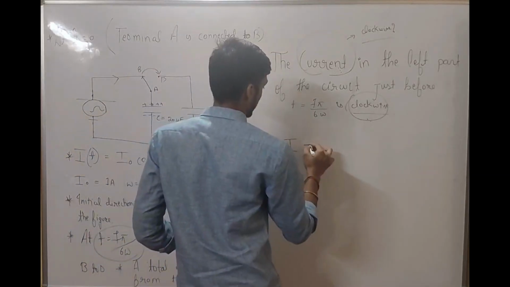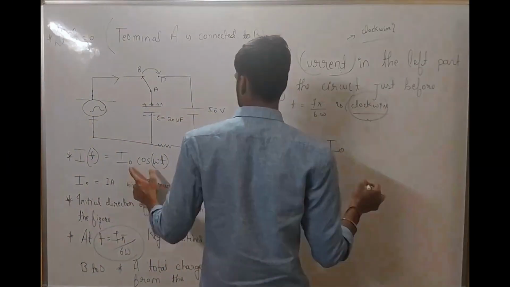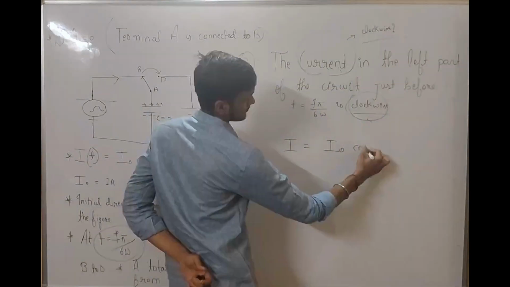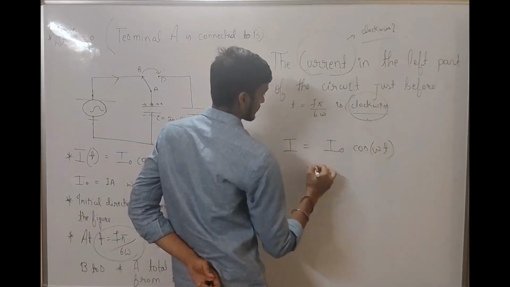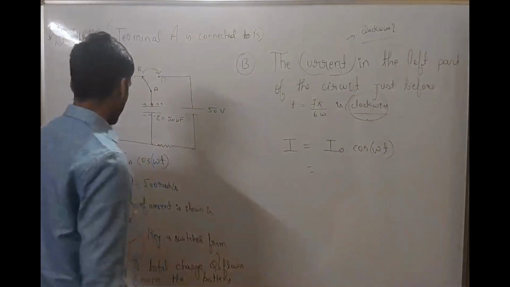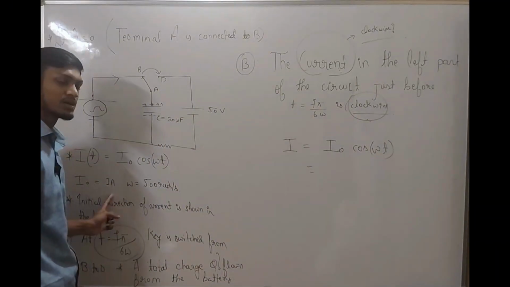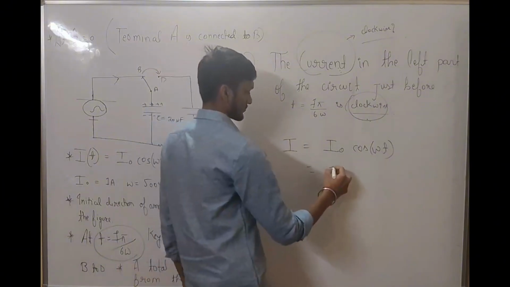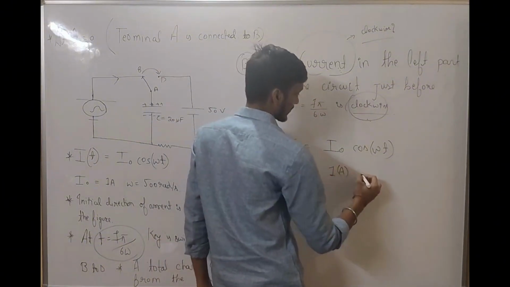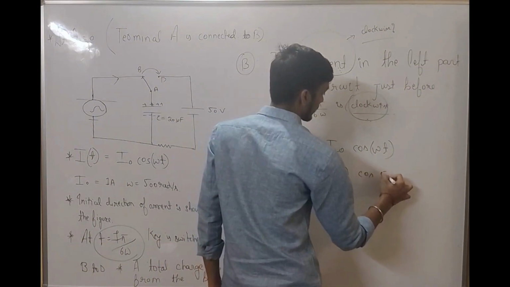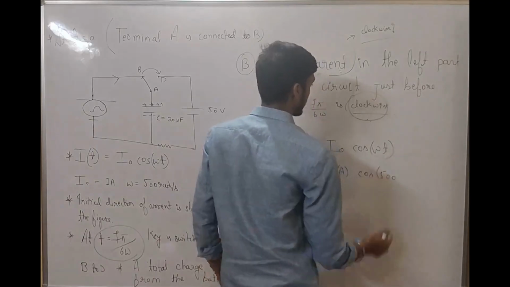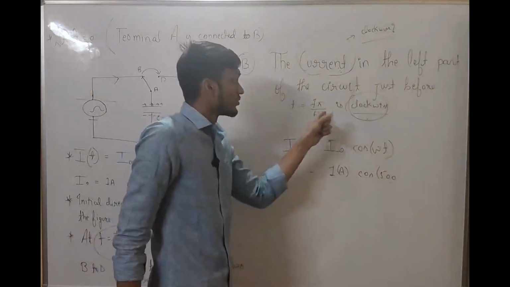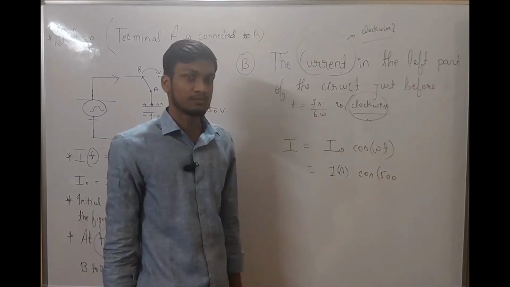I is equal to I naught into cos omega t, where I naught is the maximum amplitude of the current, that is 1 ampere. Omega is 500 radian per second, and the time is just before t equals 7 pi by 6 omega.